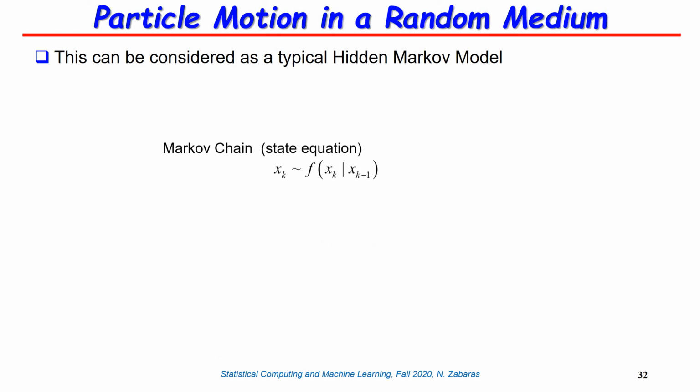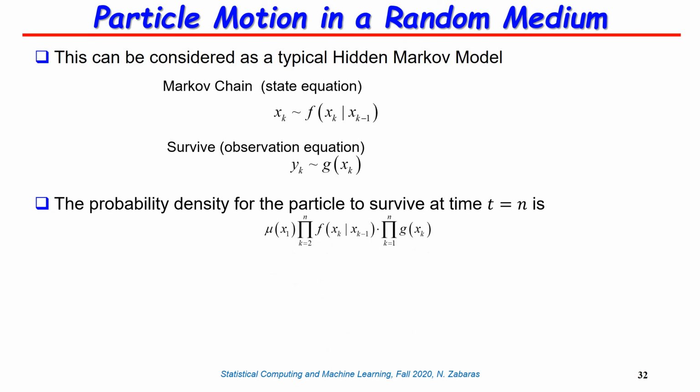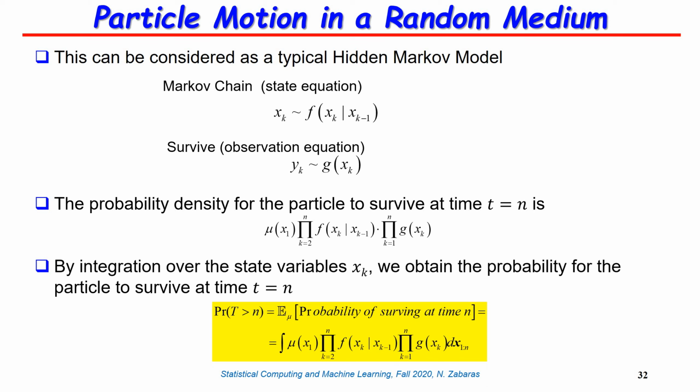If I go directly to the final equation, the probability for the particle to survive up to time n is nothing else but the normalization factor. That's the normalization factor that comes in the Bayes rule, when we wrote the posterior of the states x from 1 to n given all the observations. So the normalization factor turns out to be the essential element that we need to compute the probability that the particle will survive up to time n.